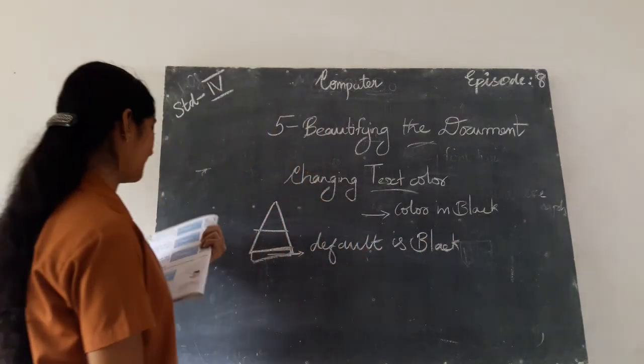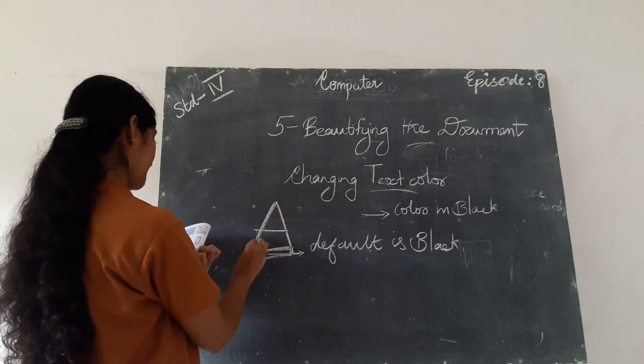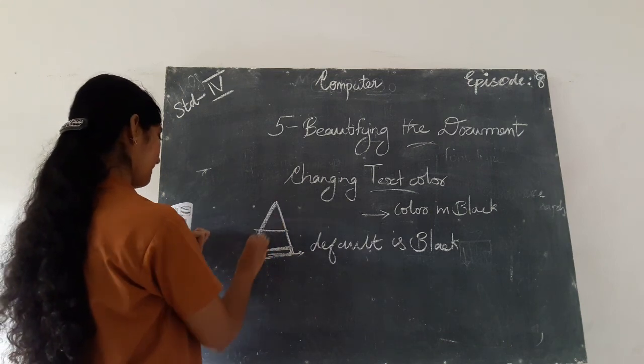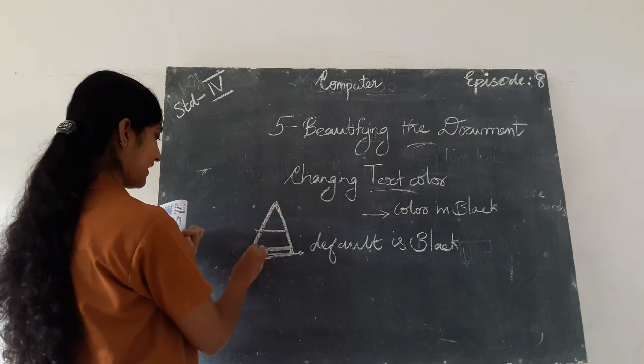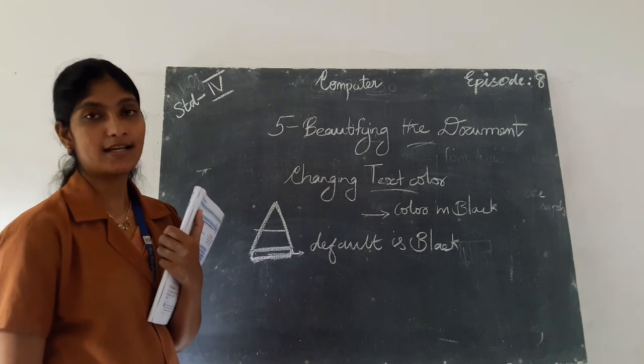So there is a button A, and under the A there is a box which contains black color. That means the default color is black.